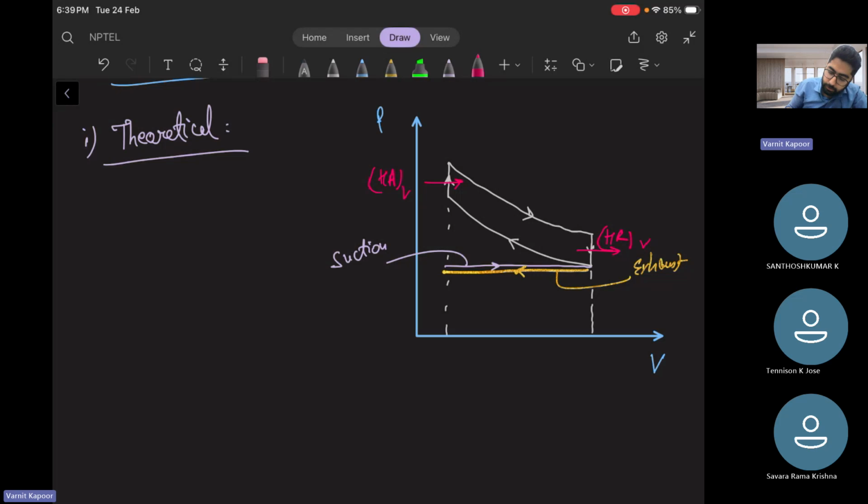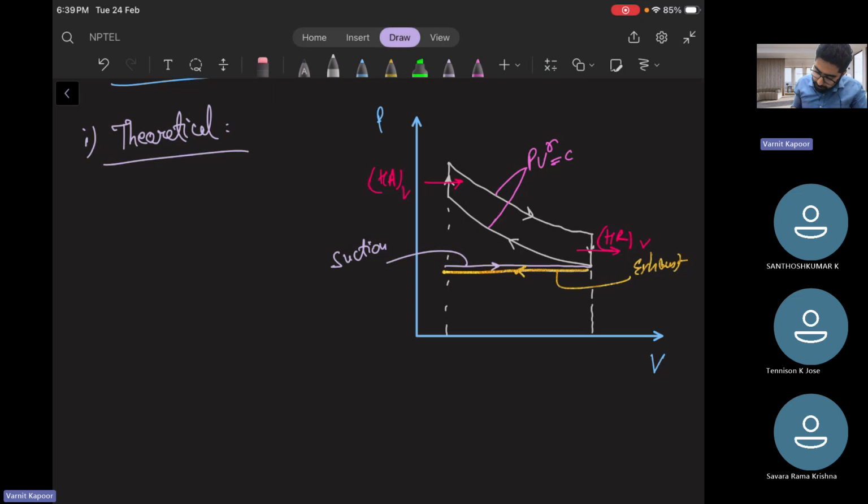This was PV to the power of gamma equal to constant. One is isentropic expansion and one is isentropic compression. These were the processes.